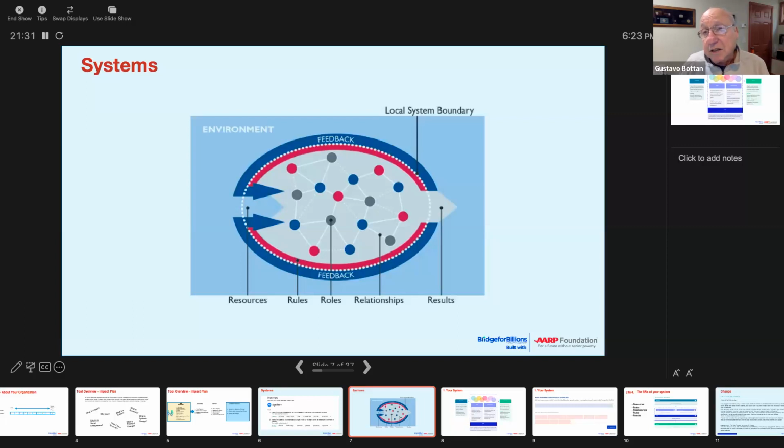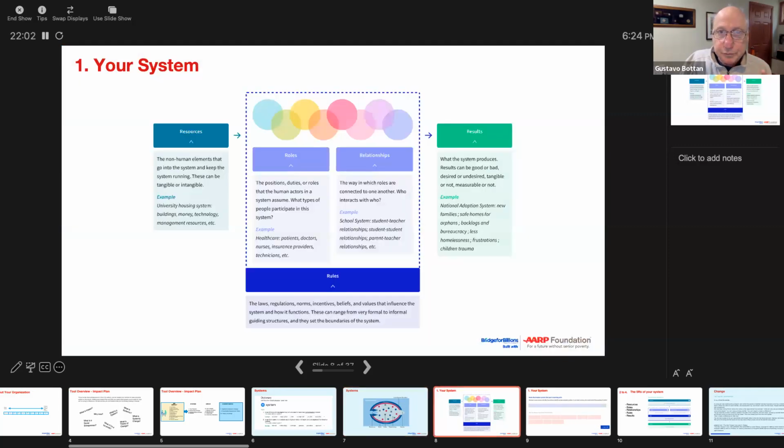And in this case, the results would be that we want perhaps everybody to learn to their maximum full potential. And within that system, there are a lot of agents and things that are perhaps impediments to maximizing for every single individual its ability to learn or reach its full potential. So that's how we have to think about what a system is.